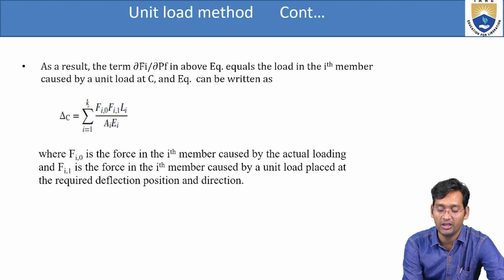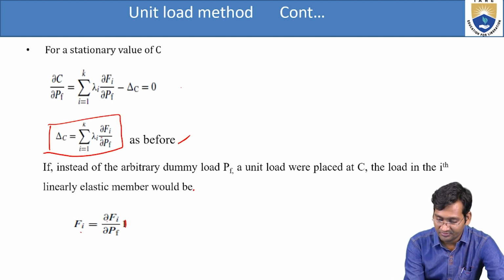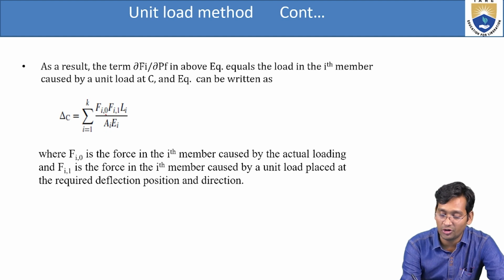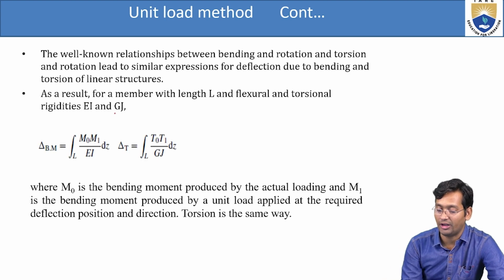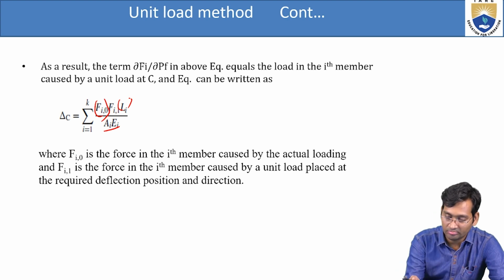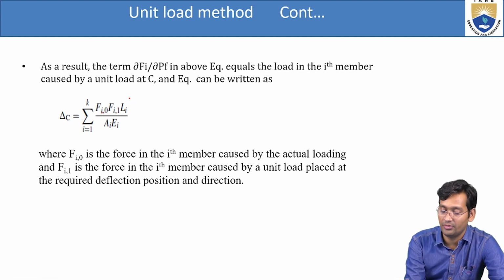The sum, I equals 1 to K. So see here, for lambda I and then delta Fi. So lambda I is what? This into this one, by AE, and then for the ith member Fi. So delta C will be equal to, lambda just changed, lambda is this one.